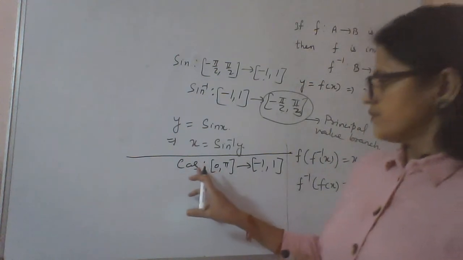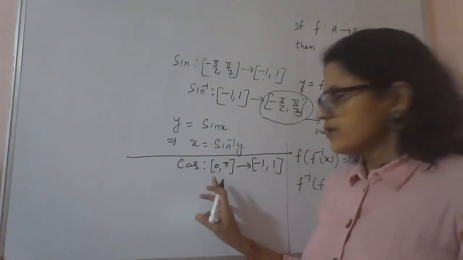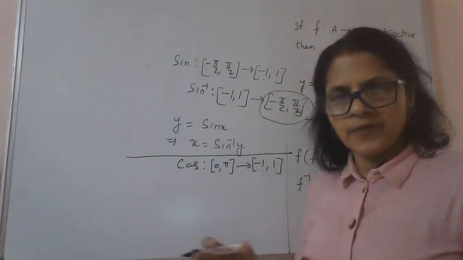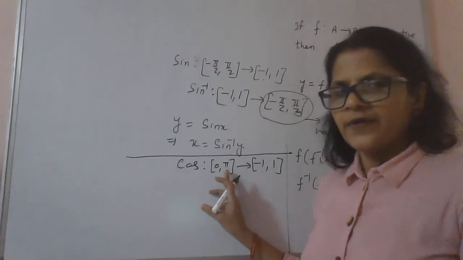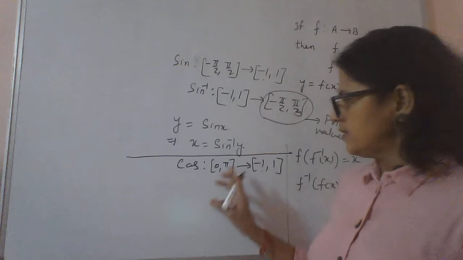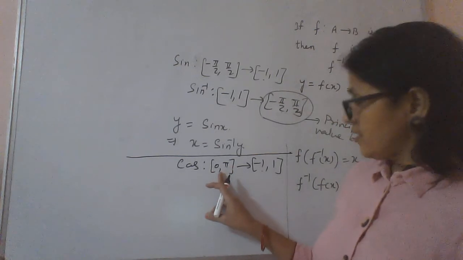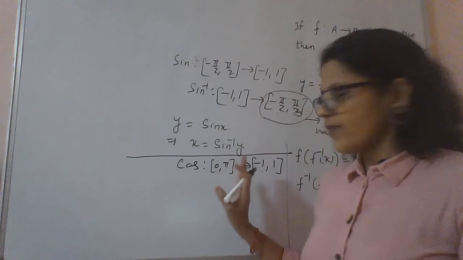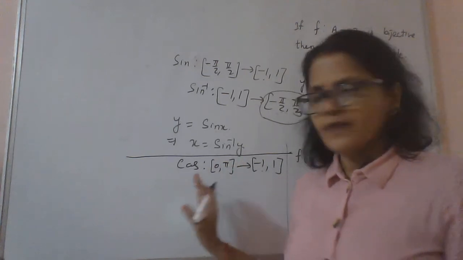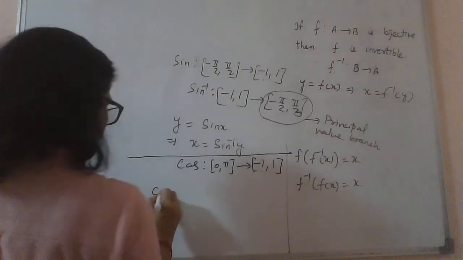Instead of taking the whole real number as the domain, if we take the closed interval 0 to pi, it means if we restrict the domain of cosine like this, we can make it invertible. Now once we can make it invertible, what will cos inverse be?